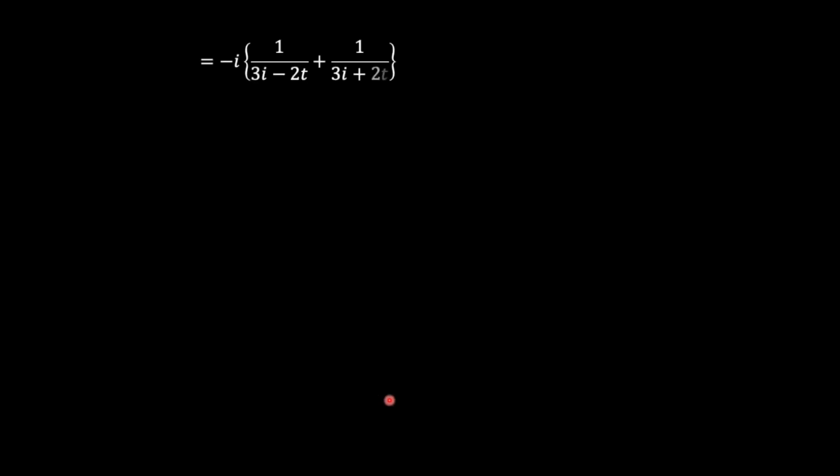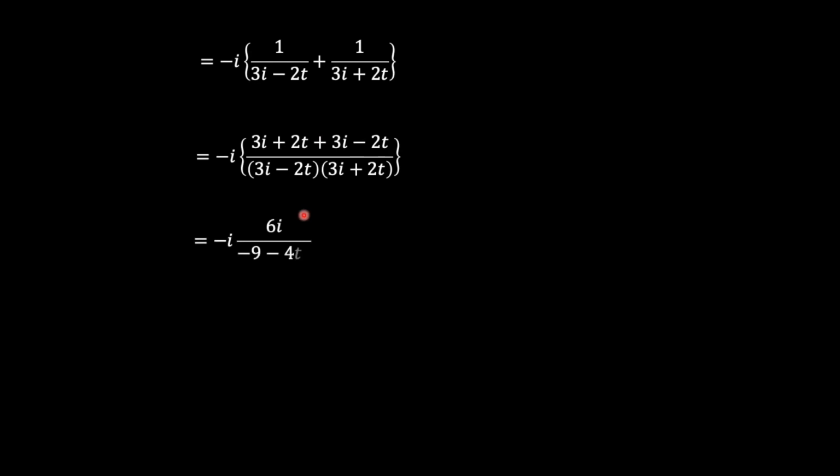So adding the fractions together, multiply the denominators, and then we have now 3i plus 2t plus 3i minus 2t. So the 2t's cancel out, and now we're left with, in the numerator, 6i over minus 9 minus 4t squared with a negative i as our constant there.